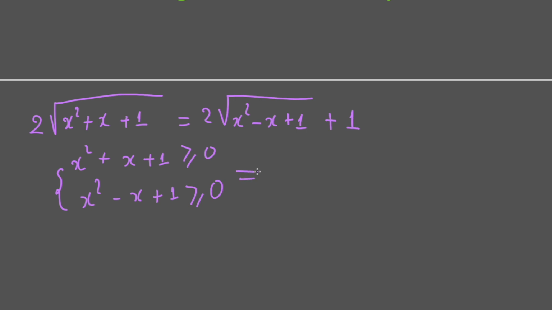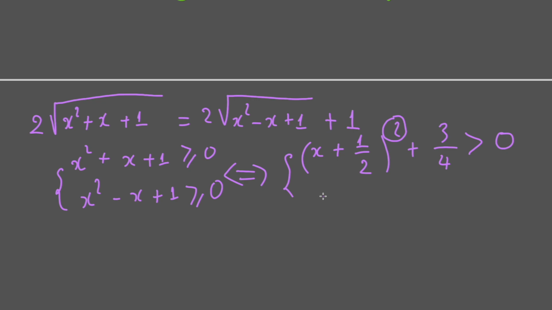However, we have x squared plus x plus 1 equal to (x plus 1 over 2) squared plus 3 over 4. This is a square plus a positive number, so of course it is always greater than 0.